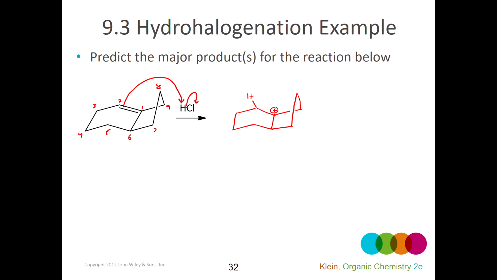Then, since I can't rearrange it to make it any more stable than it is, I expect the chloride to come in and either attack from the top or from the bottom. And so that would give two different stereochemical outcomes.